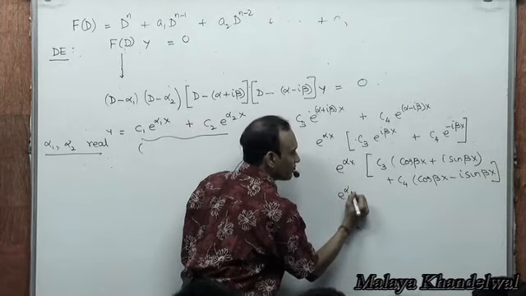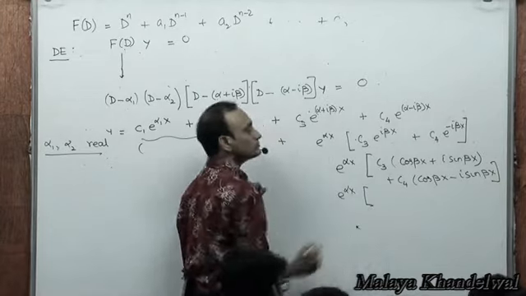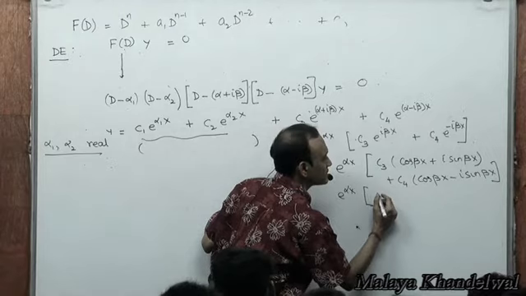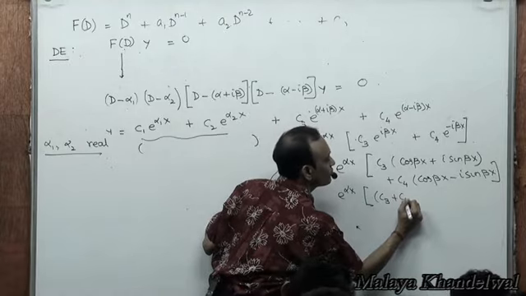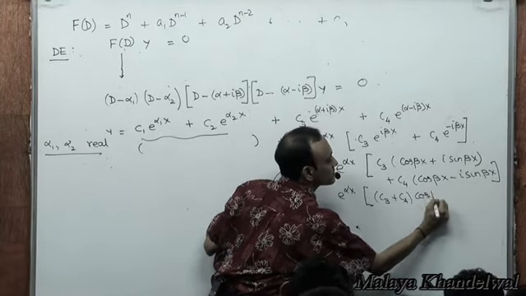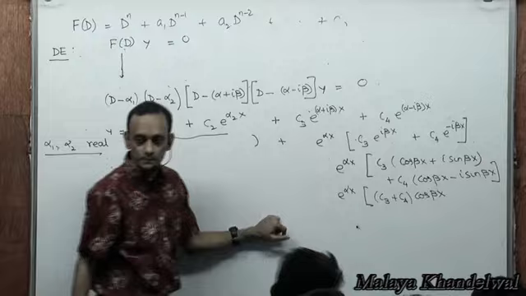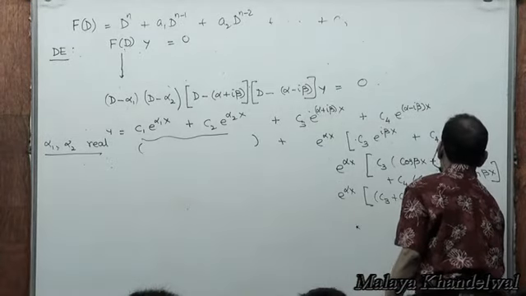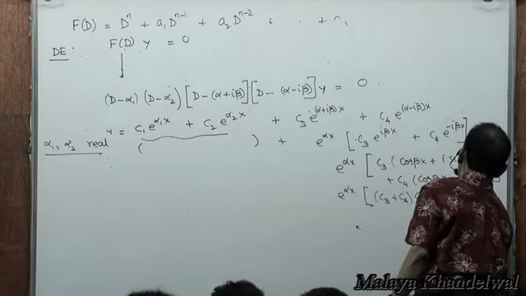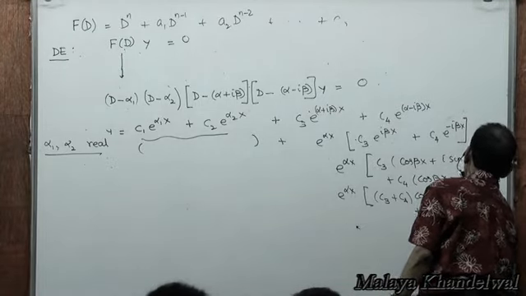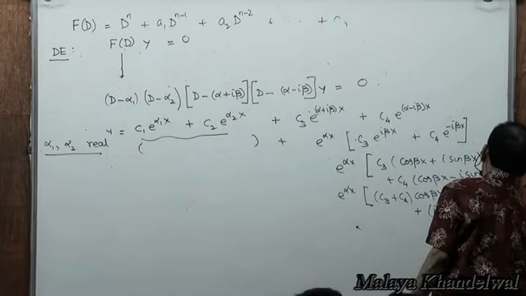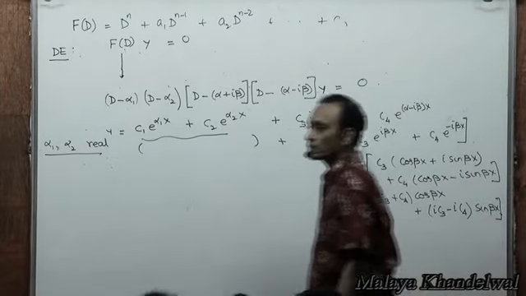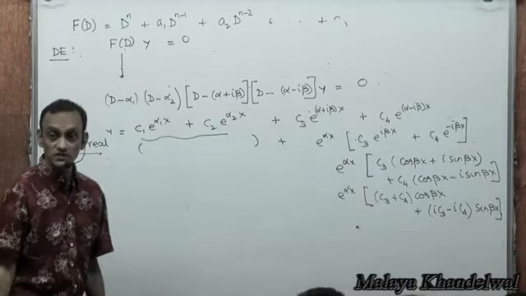This is e power alpha x times [(C3 plus C4) cos beta x plus (i C3 minus i C4) sin beta x]. Yes or no?